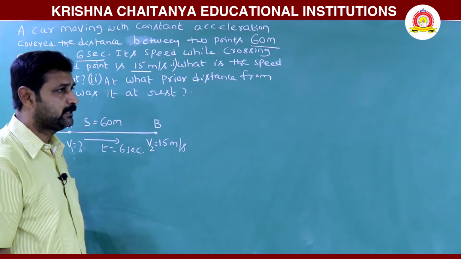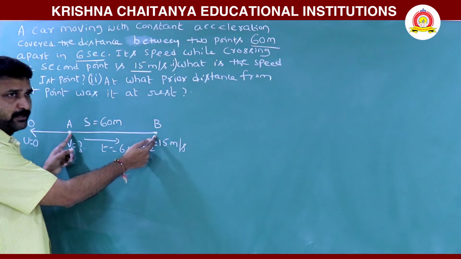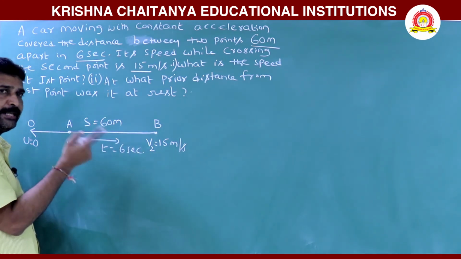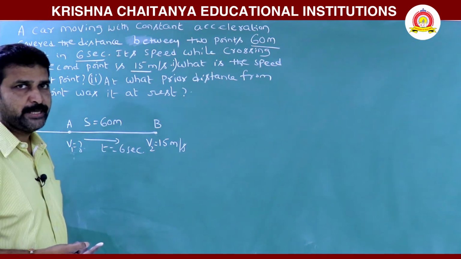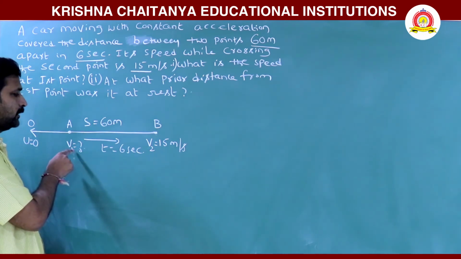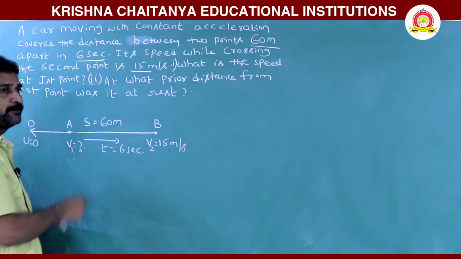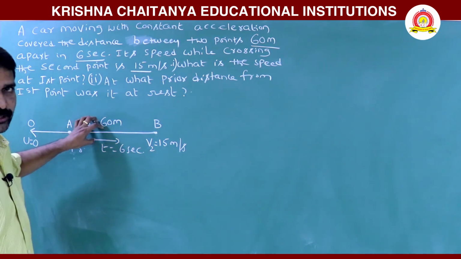If you go for S is equal to ut plus half at squared, for this journey, again you don't know u and a. If you go for v squared minus u squared is equal to 2as, again a is unknown and u is unknown here. For this journey, this is the initial velocity. Means these equations of motion are not useful here.